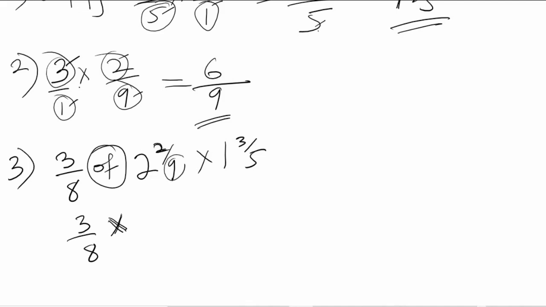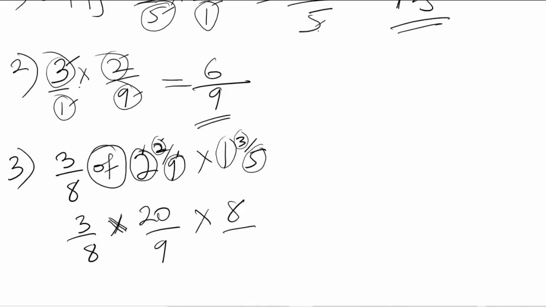It becomes 9 times 2, 18, plus 2, 20 over 9, times this one becomes 5 times 1, 5, plus 3, 8 over 5.